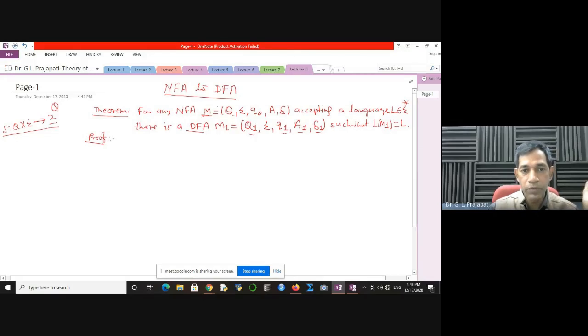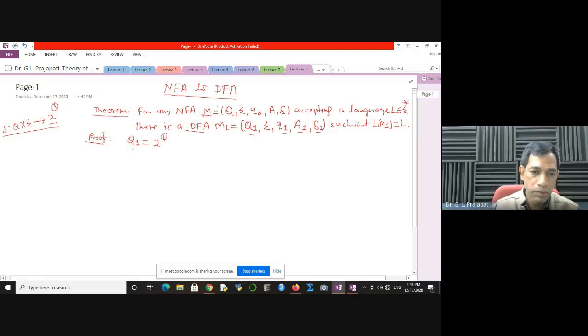Once you convert the NFA into a DFA, this is the maximum possible number of states you will have, so you can define Q1 equal to 2^Q.